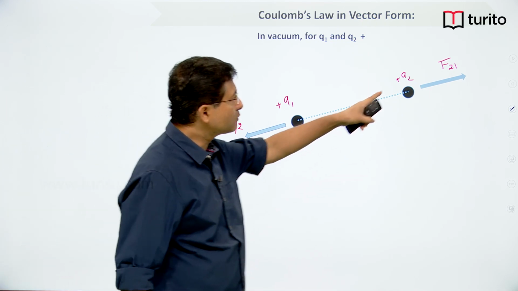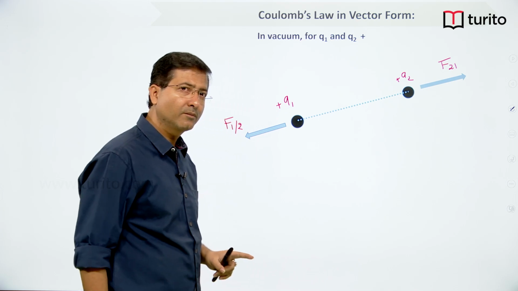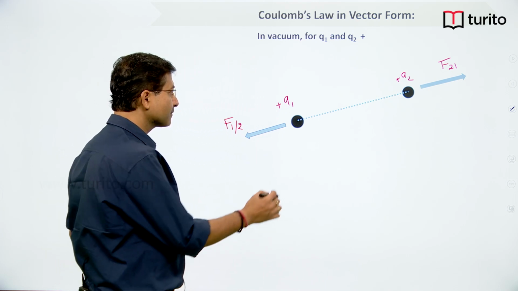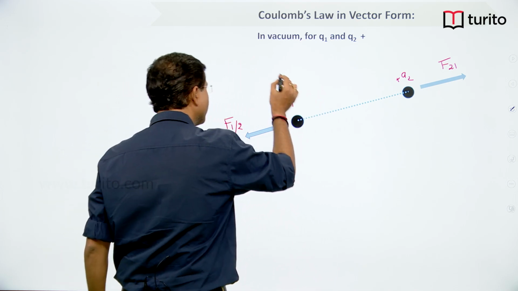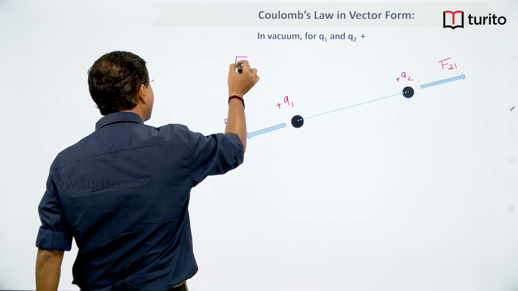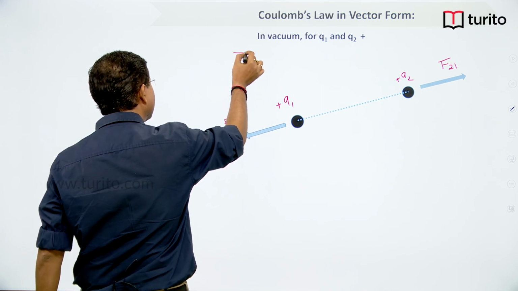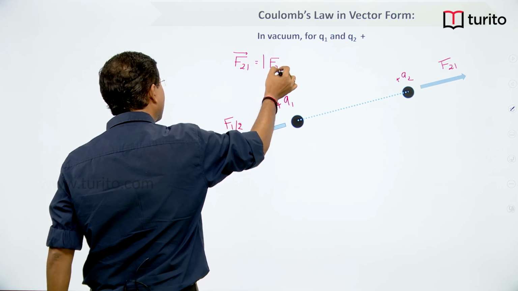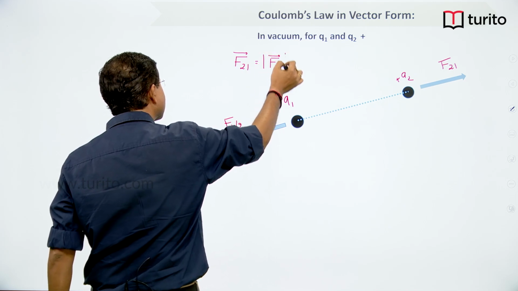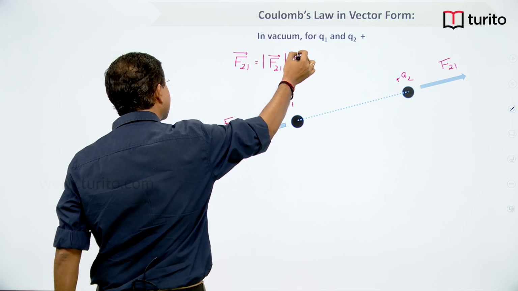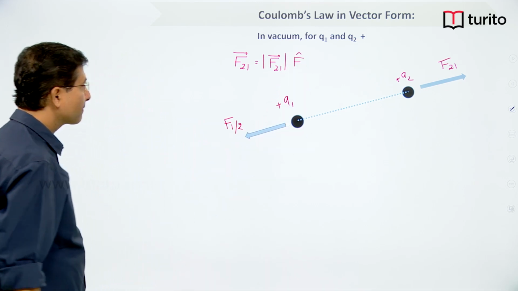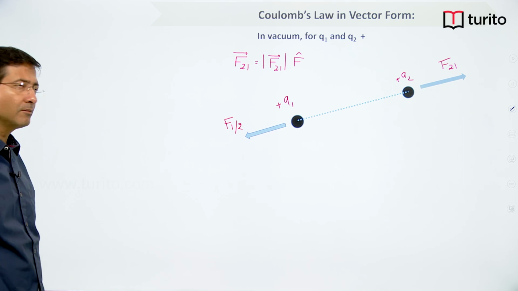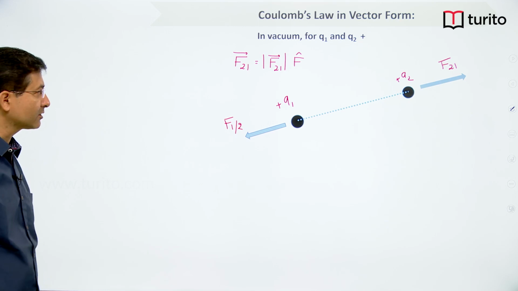If I want to write this force in vector form, so I want to write the force on 2 by 1 in vector form, I just need the magnitude that we have just discussed and then I need the direction, right. To write in vector form I require magnitude and direction.